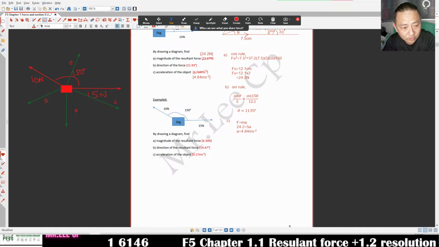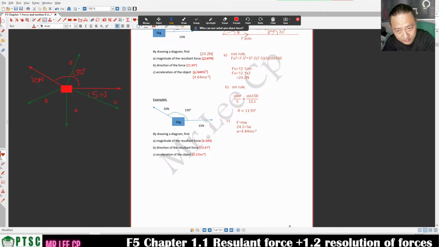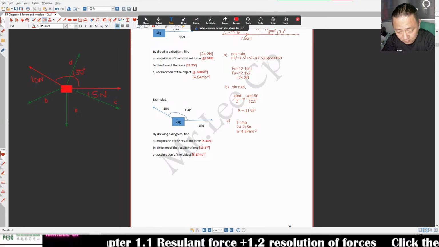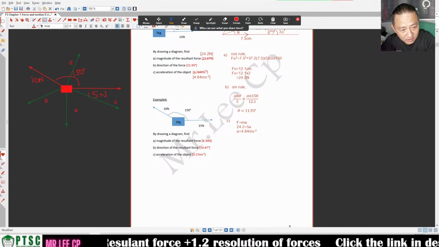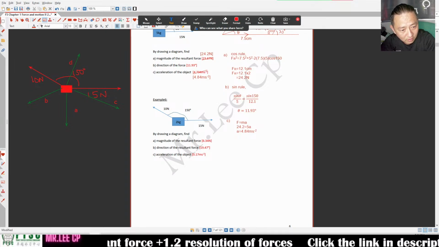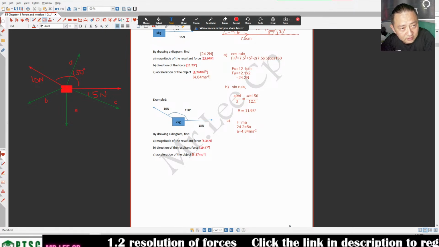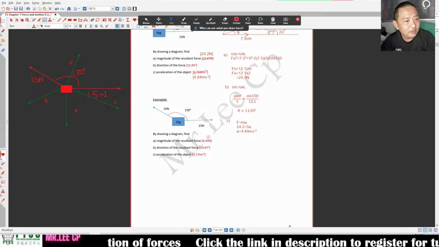Which direction it will go? A, B, or C, or D? What do you think?